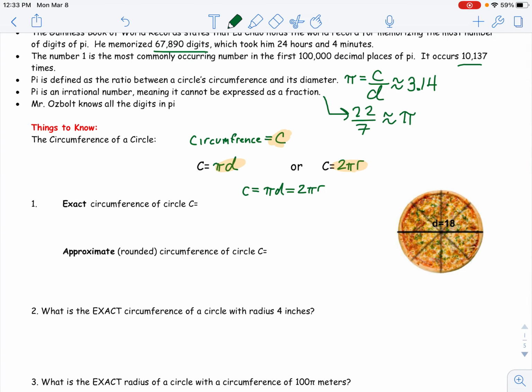An arc length is a portion of circumference.